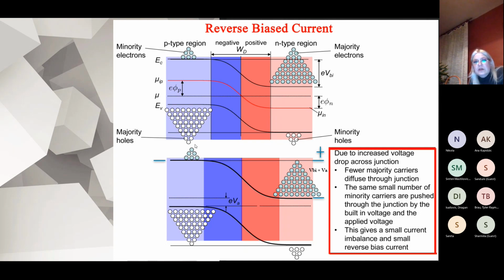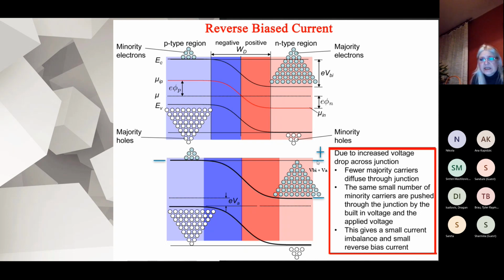And now you can see, the minority of electrons in a P-type region is always the same, and there is no change in the story concerning the minority species. But now we can see that in this part we're going to have built-in voltage plus applied voltage.